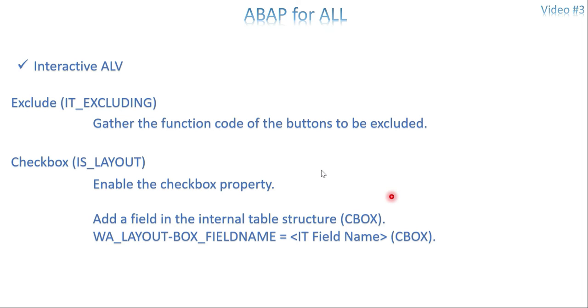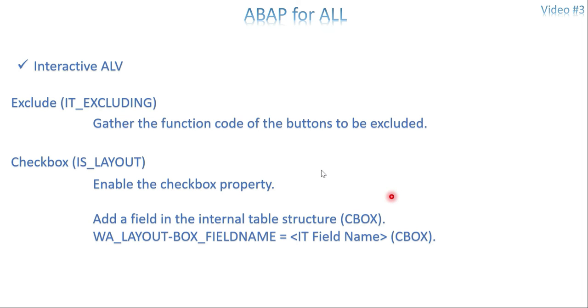Whatever you are seeing in the ALV format, in the backend you have everything available in your internal table only. So if there is any field in ALV, it needs to be represented as one of the fields in your internal table also. So I'm going to enable a checkbox property, and I need one additional field in my internal table to receive the value of the checkbox: X if selected, empty if not selected.